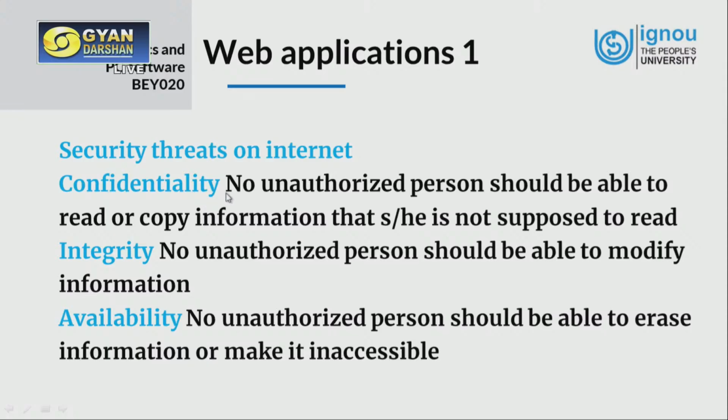Confidentiality says no unauthorized person should be able to read or copy information that he or she is not supposed to read. Integrity means no unauthorized person should be able to modify information. And availability means no unauthorized person should be able to erase information or make it inaccessible.